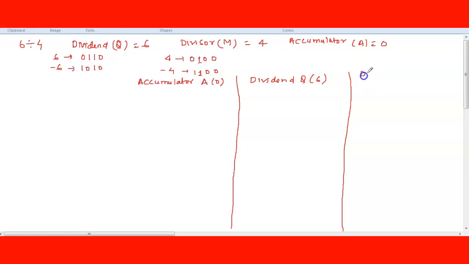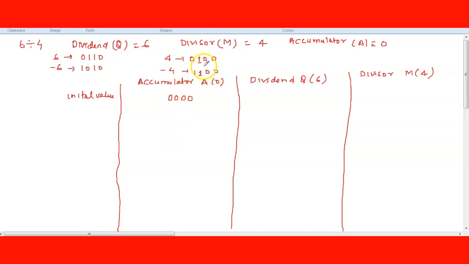And here is the divisor, this value is 4, and you have to write it as a binary number. Now the initial values: here we will write the comment. Initially the accumulator is 0 0 0.